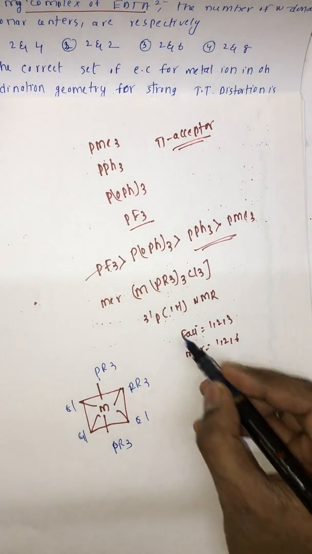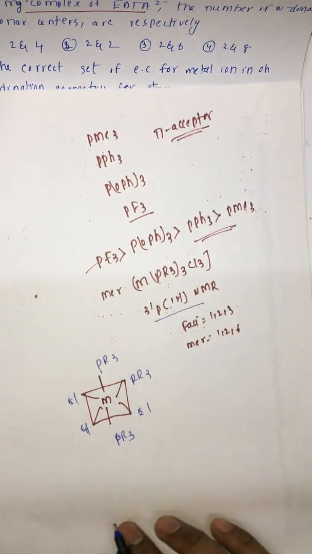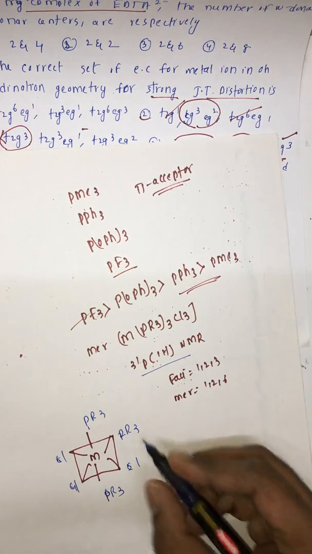So here we have 31P and 1H. So we know that this phosphorus will give a singlet.